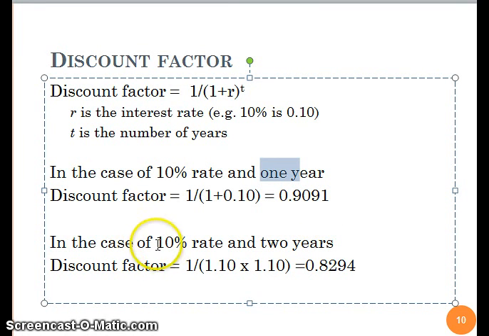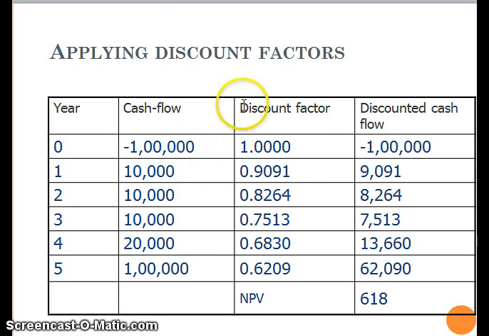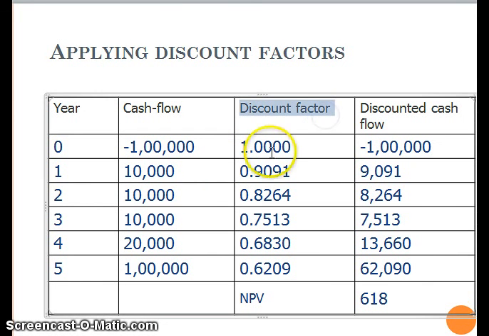If the rate is 10 percentage and it is 2 years, t takes the value 2, so the discount factor will be 0.8264. This discount factor is being calculated using the formula.